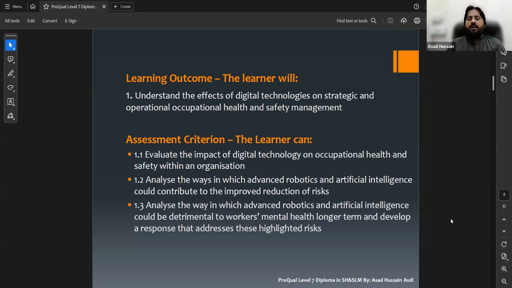Like if some type of system is adopted or implemented with regard to technology, such as remote sensing or remote control systems, just to check the mental health of workers or anything like that, it can be considered as evidence for this 1.3 assessment criteria.